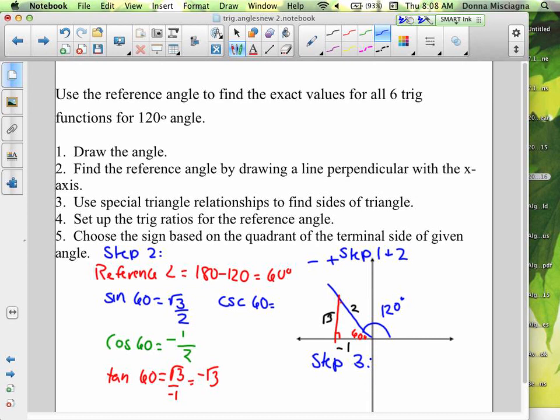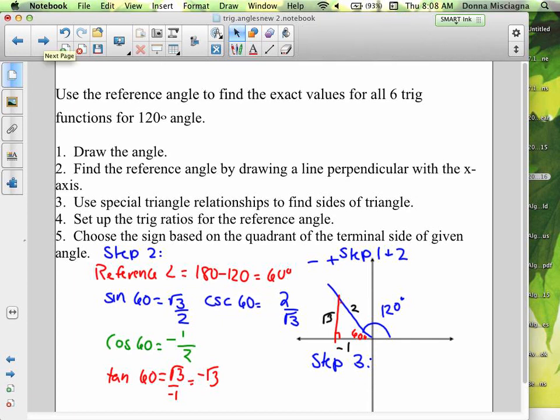The cosecant ratio. And then if we rationalize it, what would that be? What do you do to rationalize it? When we rationalize it, we multiply by whatever radical is in the denominator. So we're going to multiply by the square root of 3.